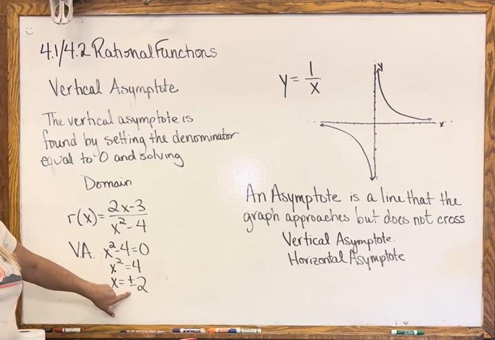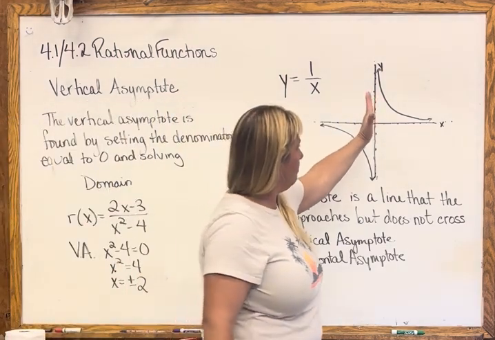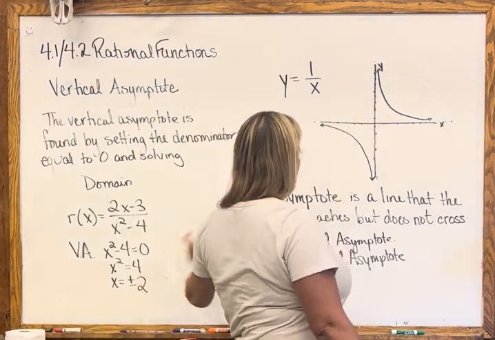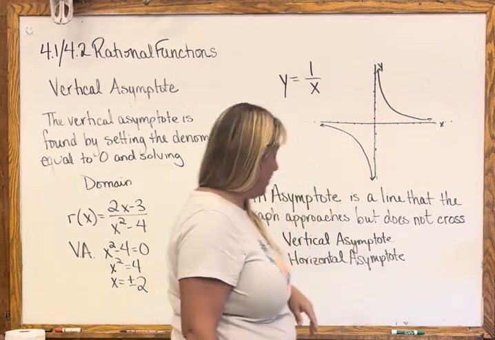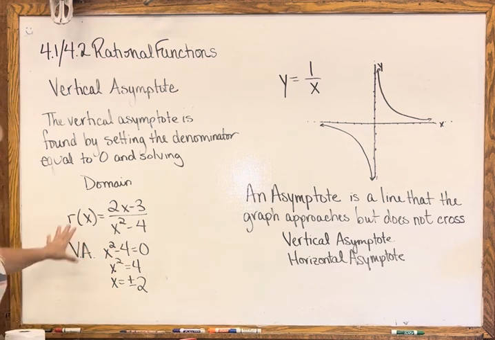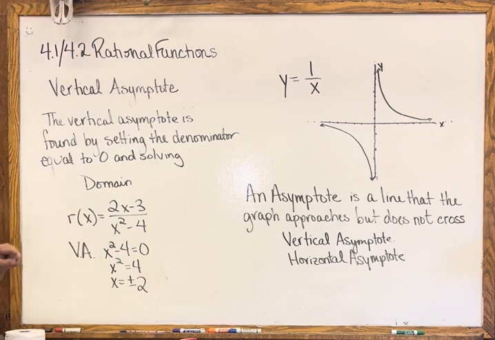So this one actually has 2 vertical asymptotes. Our base graph only had one right there. This graph is going to have 2, one at -2 and another one at +2. So something for us to note. So finding the vertical asymptote is normally the easiest part to find. Denominator equal to 0, solve. It's the horizontal that's a bit more challenging.